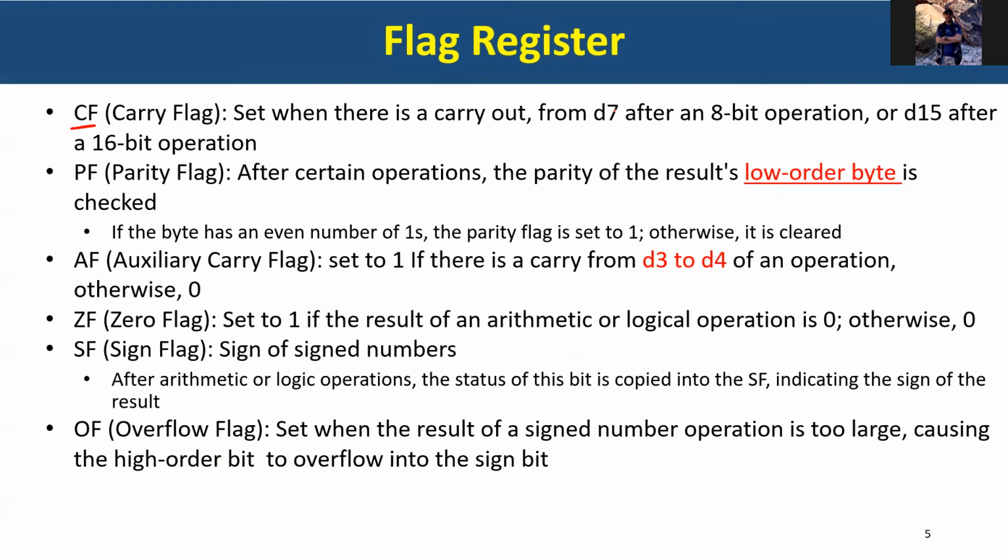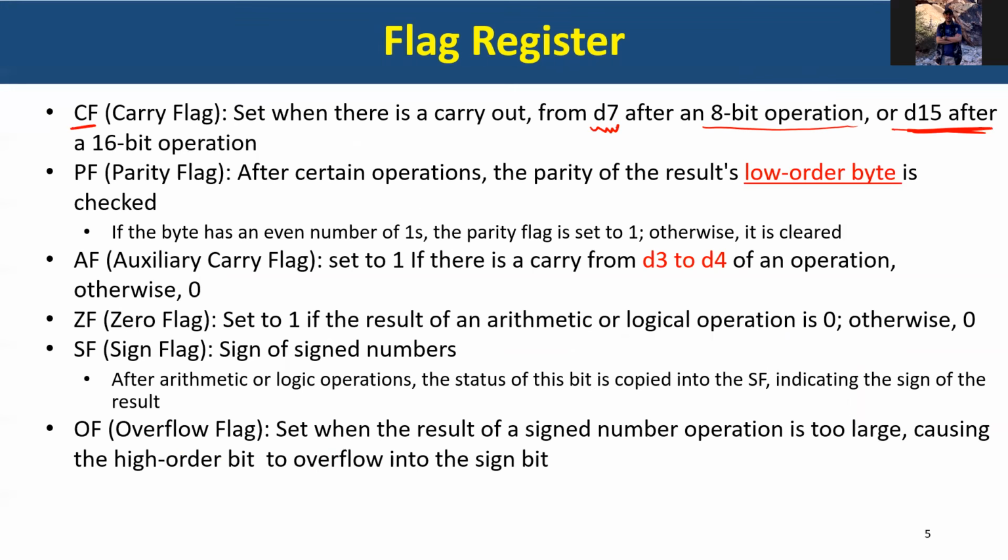Basically, if you have a carry from bit number 7, the 8th bit, if there is a carry output of that, when you are doing an 8-bit operation. If you are doing a 16-bit operation with a 16-bit register, and you have a carry after bit number 15, the 16th bit, then this bit will be 1. Otherwise, it will be 0.